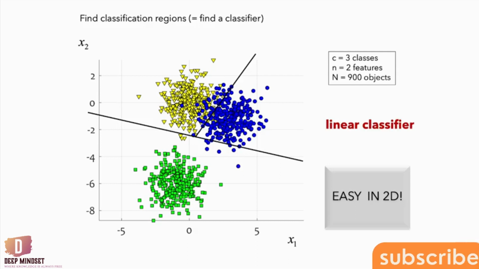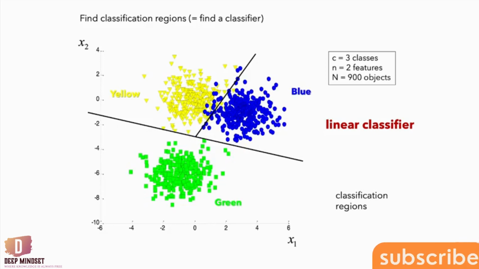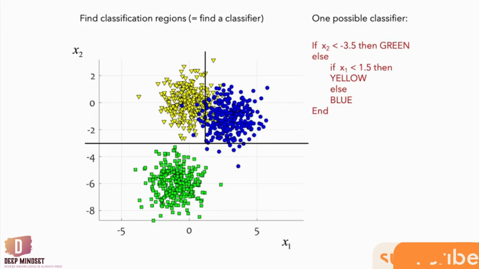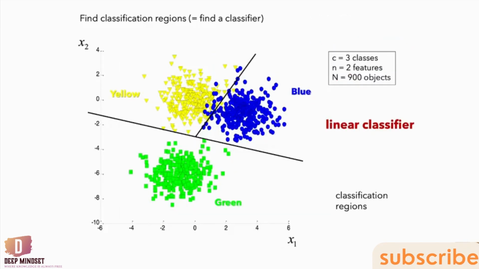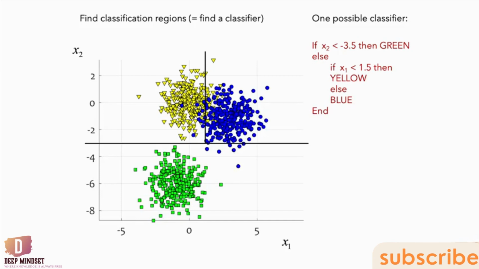And here, because we are separating the space using lines, well, we have linear classifiers. So we got three regions: the green region, the yellow region, and the blue region. Well, let's try to define an algorithm that will be our classifier.